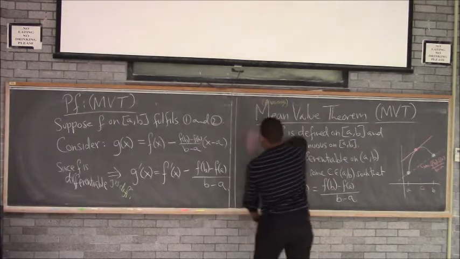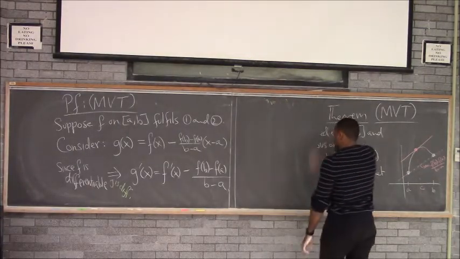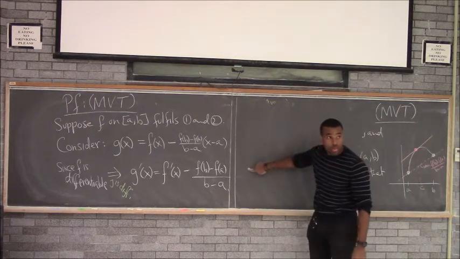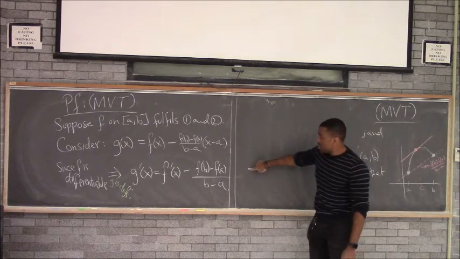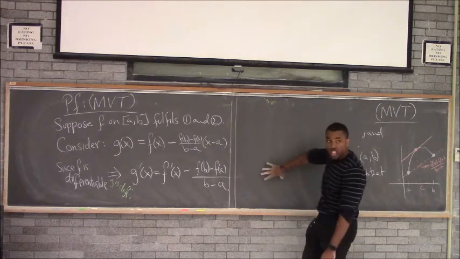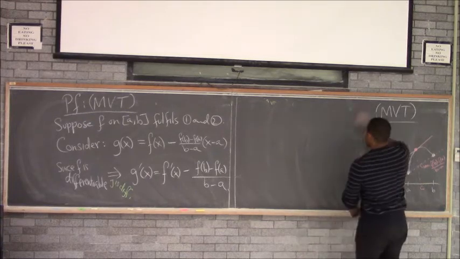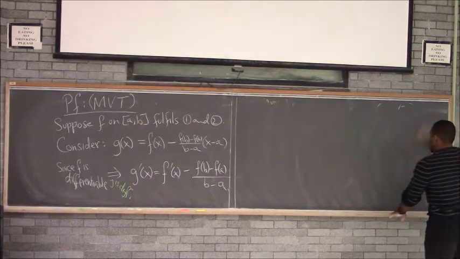Now, ultimately I want to show that this has to be equal to 0 at some point, right? Because if it's equal to 0, I can take this and move it to the other side, and then I have f prime equals this. So that's what I want to show. This function will hit 0 at some point.